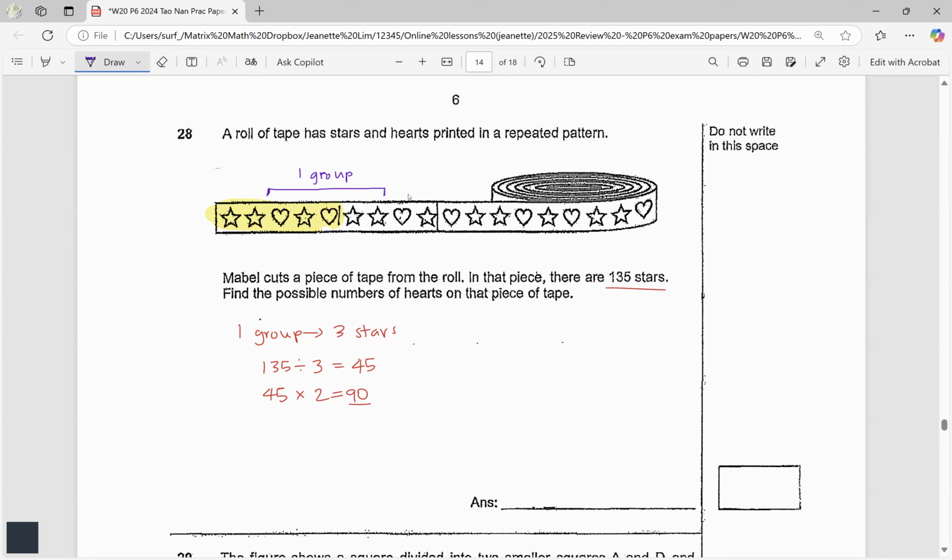So my next possible number of hearts can actually be more. I can add one more. Okay, so this is another possible answer. This is when my one group is heart, star, heart, star, star, then followed by heart.